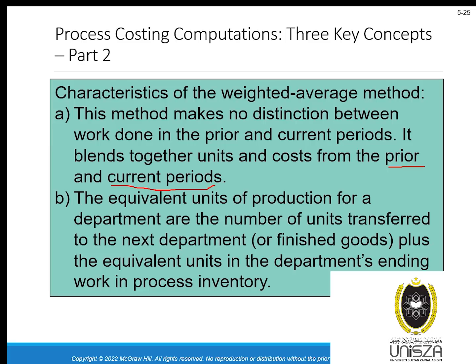So the equivalent units of production for a department are the number of units transferred to the next department, or finished goods, plus the equivalent units in the department's ending WIP inventory.